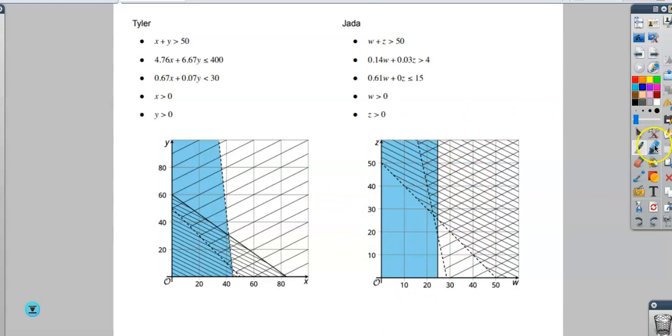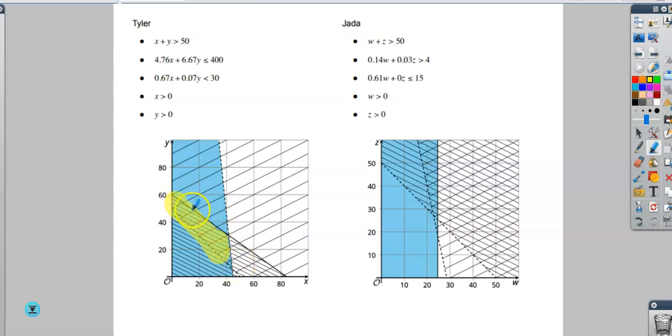Now, in Tyler's graph, I'm going to change this to a highlight. Where the blue is shaded, and also these diagonal lines going up and these diagonal lines going down, where they all come together is the solution area. So that little section here is where the solution is.